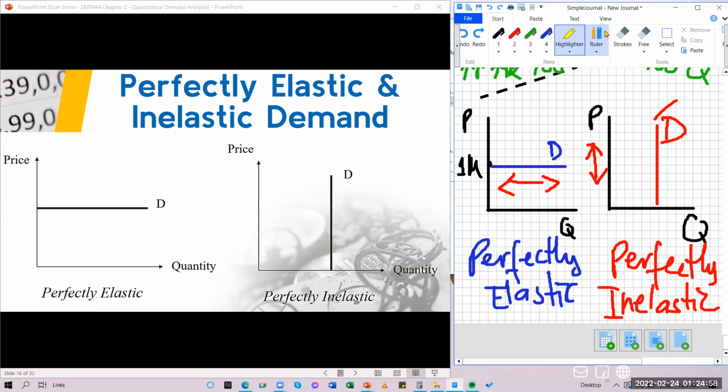Regardless of how expensive it is, you will buy because you need it. Again, medicine for your illness, regardless of how expensive it is, you will be able to buy because it is needed. Another example is rice. Especially as Filipinos, we love rice. Regardless of how expensive rice is, we will buy because we need to eat. So that is for perfectly inelastic.